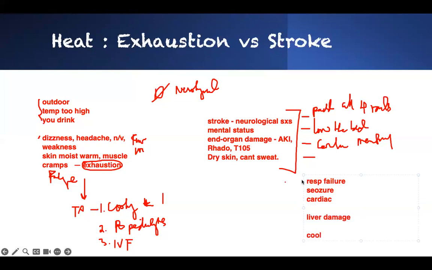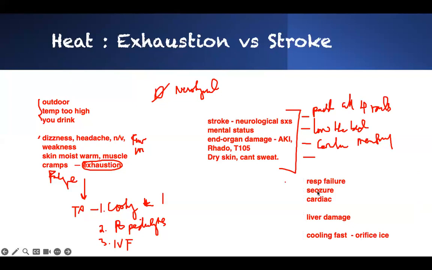So cool them fast. Every orifice is getting some ice fluid everywhere. We've got to cool you so fast that otherwise you're going to die. But you've got to bring their temperature down. They're having seizures, so you've got to think about it.